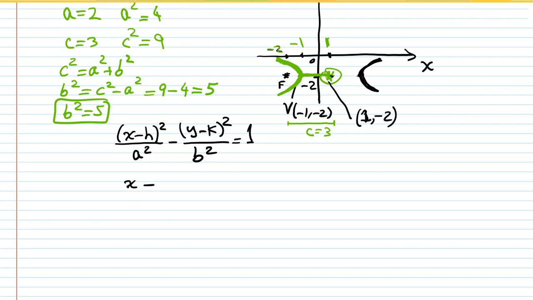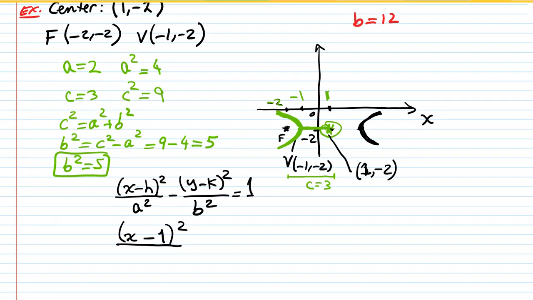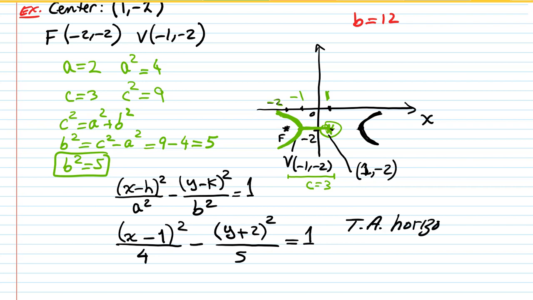It's going to be (x minus h), which is (x minus 1) squared, divided by a squared, which was 4, minus (y minus k), minus minus is positive 2. Right, it's (y plus 2) squared divided by b squared, which is 5, equals 1. And there we have the equation. And again, for this one, the transverse axis is horizontal.